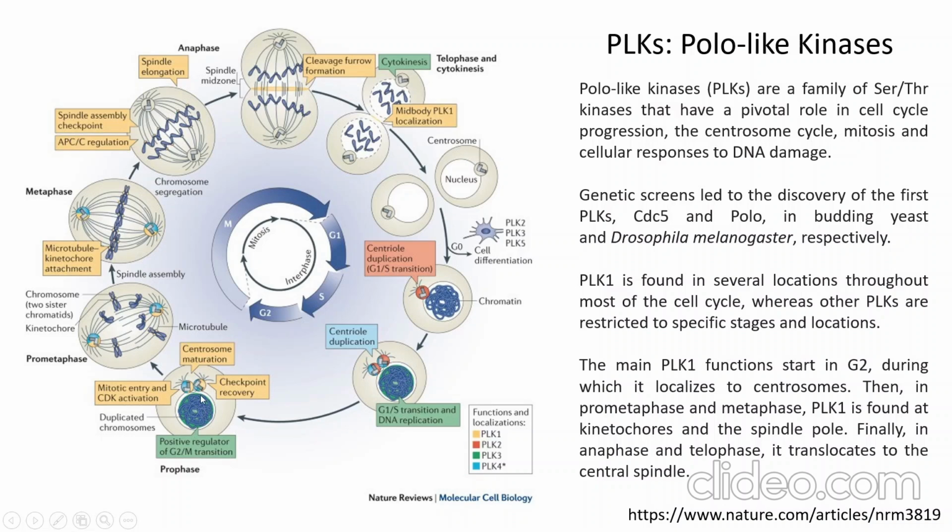Then later it's also found during prometaphase and metaphase. You can see that it's important for microtubule kinetochore attachment as well. This kinase must be phosphorylating different targets downstream of it that help with this attachment process. Further on, aside from kinetochores and spindle pole, it's also important for the checkpoint as well as APC regulation, so anaphase promoting complex regulation.